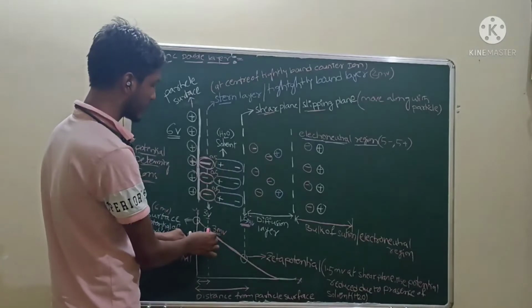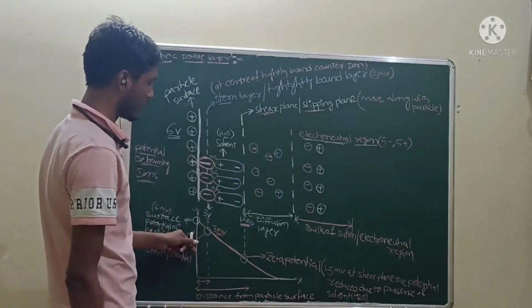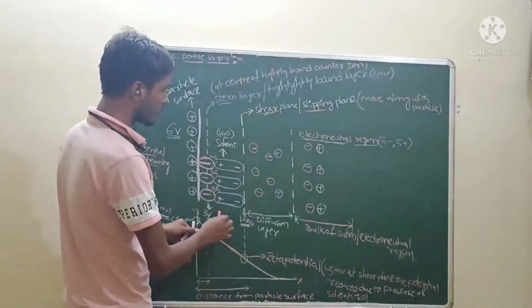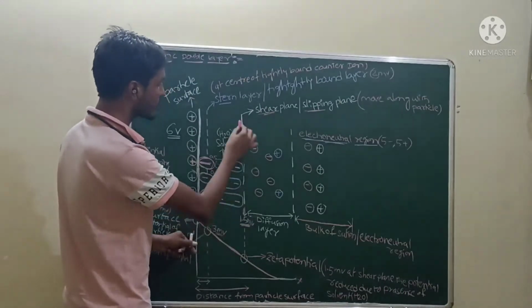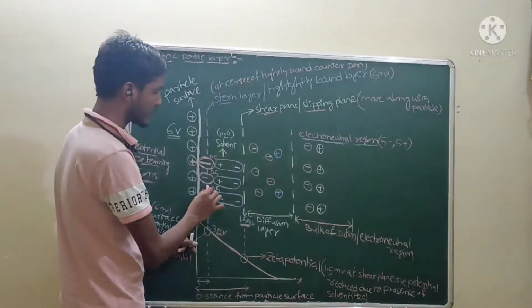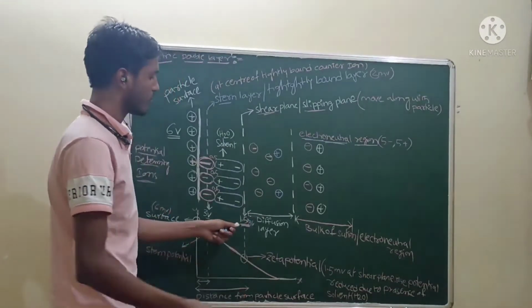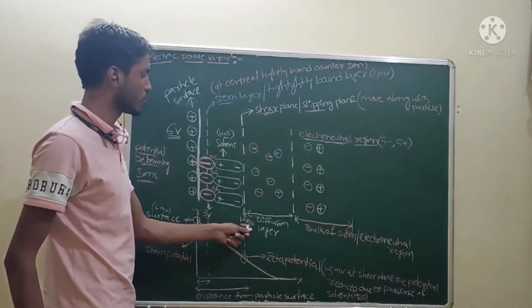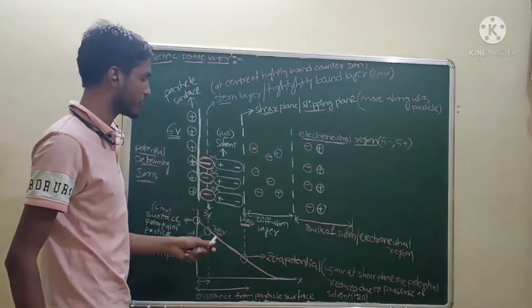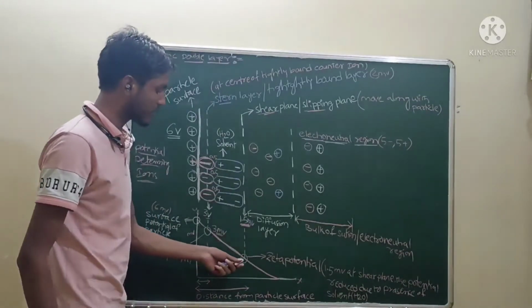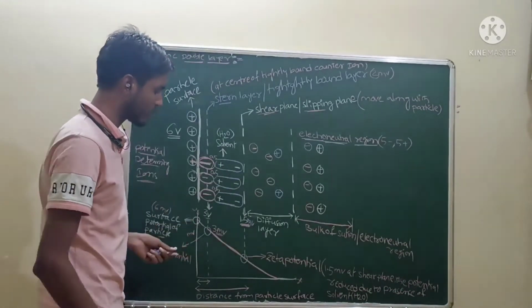At the Stern layer, 3 millivolt potential is there. Moving from the Stern layer to the shear plane, just 1.5 millivolt is present due to the presence of solvent molecules.